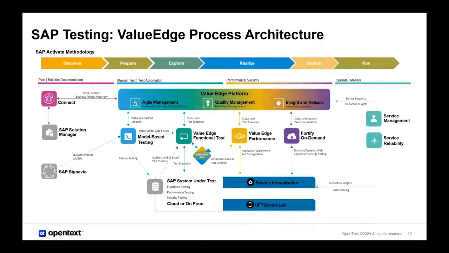Now, here we have a bit more detail around the Value Edge process architecture, and I've layered onto this how this applies from an SAP testing point. At the top, we can see, for example, the SAP Activate methodology from discover through to run. At the bottom, we see some of the core components and how this can play into the SAP domain. You can see early on, from the plan solution documentation point, where we can work with Solution Manager and take inputs from Signavio.